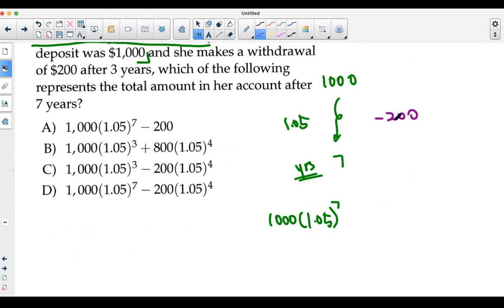But because I subtracted $200, I'm not only losing out $200, but all the interest that I would have gotten from those $200. For how many years? Since I took it at year 3, the other 4 years that I would have gained interest, those things are lost as well. So therefore, my equation becomes something like this, which is choice D. That becomes our answer.